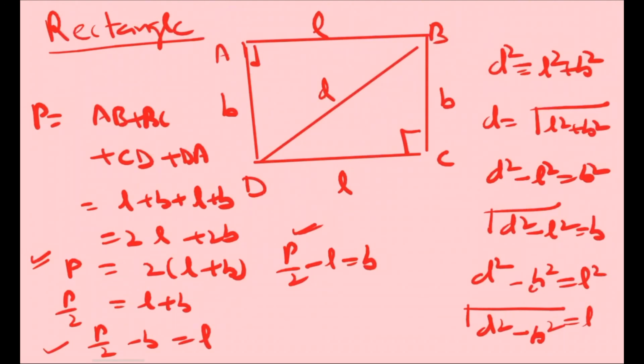Now what about the area? What about the area of this triangle? Now we can see here, this rectangle is divided into two parts. One triangle, second triangle, this one is L, this one is breadth. So what is the area?